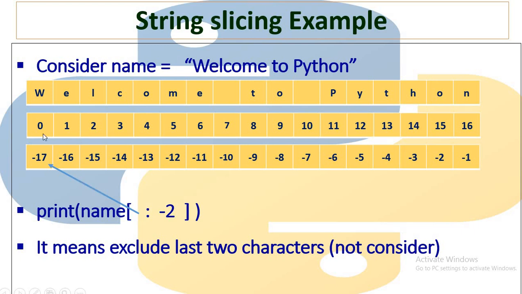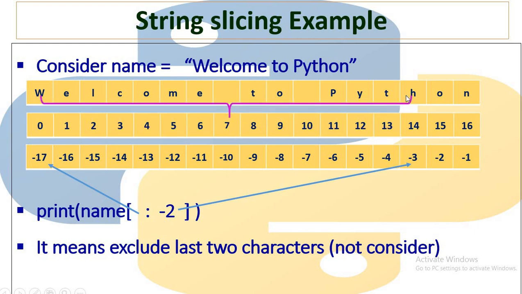So this is the start of string, 0 or -17, and end is -2 means -2 -1, -3. So end is excluded, that you need to remember. End is always excluded. So it is going to print this welcome to Python. This is the output. So specifying negative index in the end means excluding that many characters from the right side. Specifying negative index in the start means excluding that many characters from the left side.